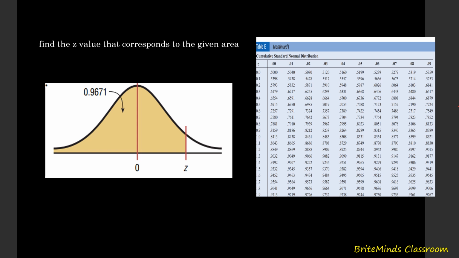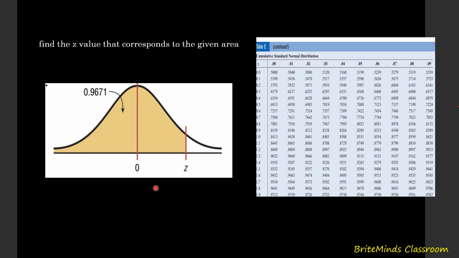Another example, find the z value that corresponds to the given area. Since we already have our sketch of our curve, the shaded area is located at the left side of the unknown z.